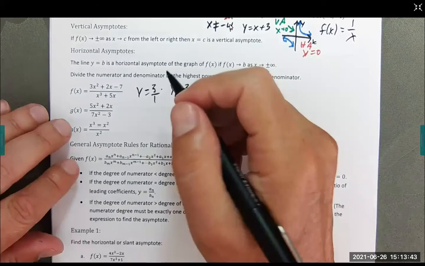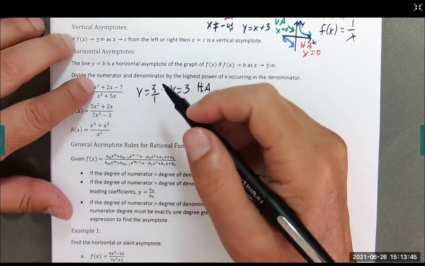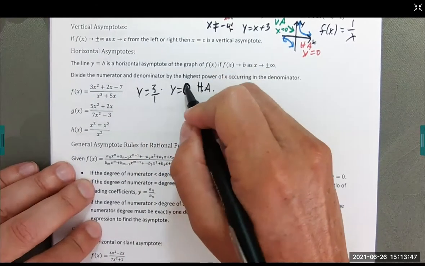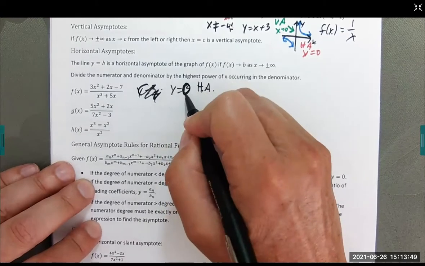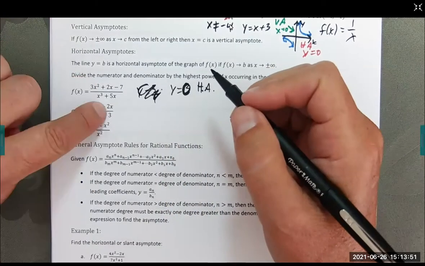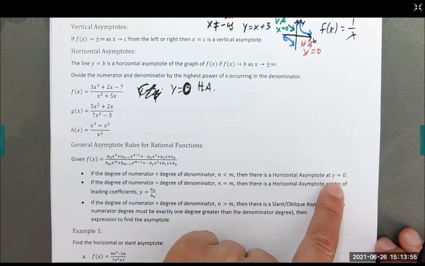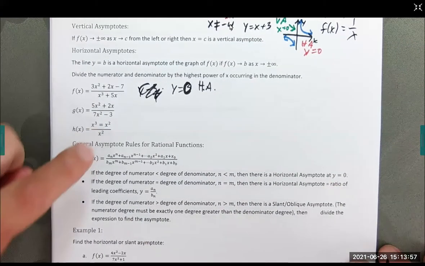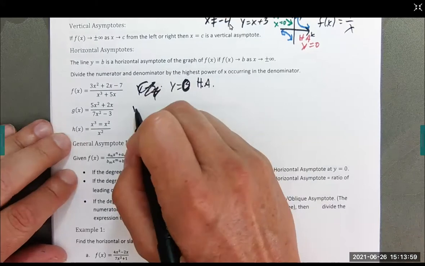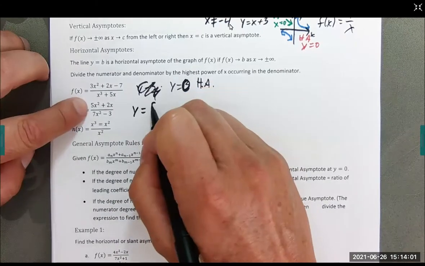I'm sorry, that's a 2. This one's smaller, so there's a horizontal asymptote at y equals 0. 2 is smaller than 3, so it's this first case here, and our horizontal asymptote is at y equals 0. Here they're the same, so y is going to be the lead coefficients, 5 over 7.